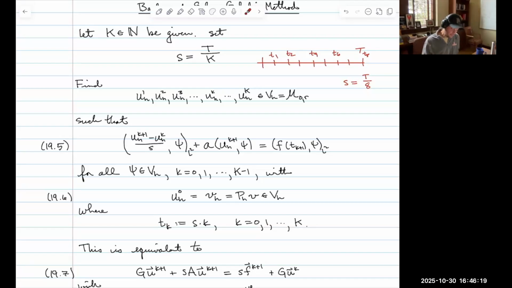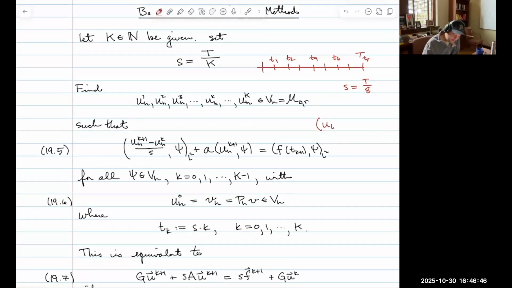What else do we need? So what I've done is I've replaced the time derivative by this time difference, and I've done so in an implicit manner where this UH is chosen to be at k plus 1. So this means the time step at k plus 1, or the approximation of U at t k plus 1.